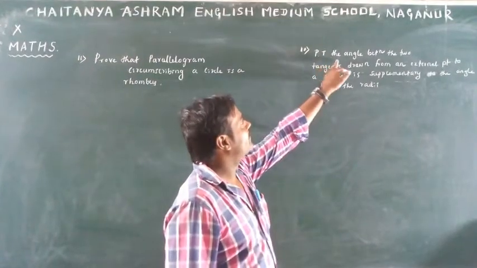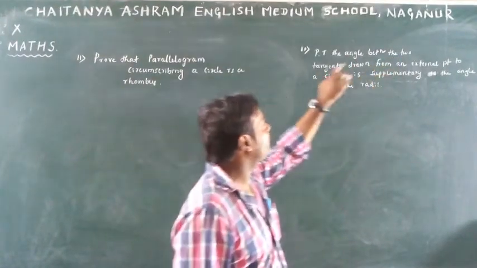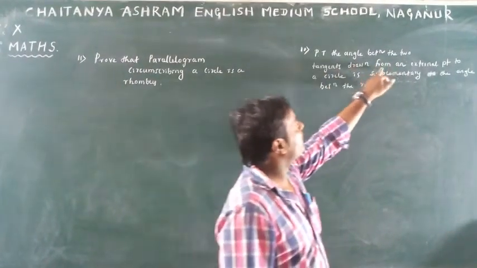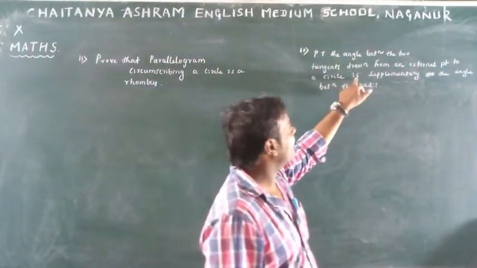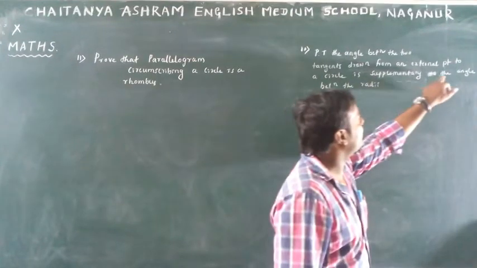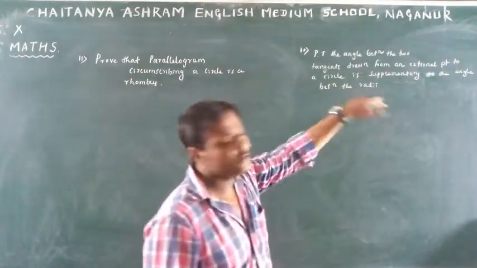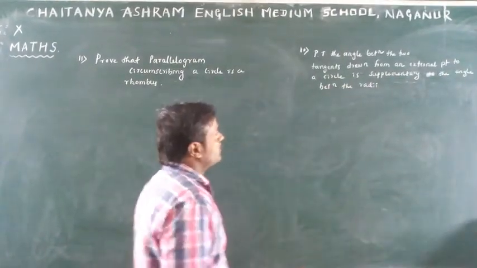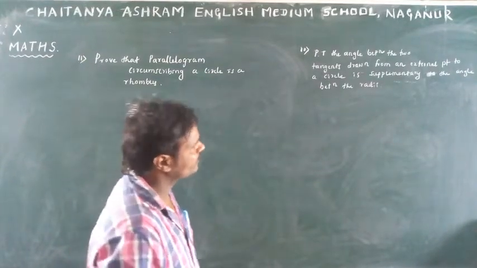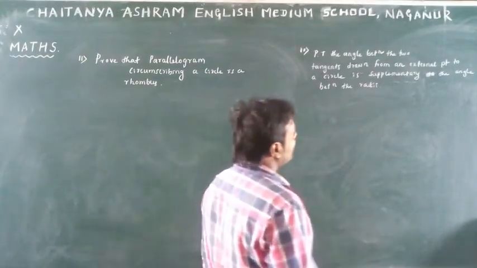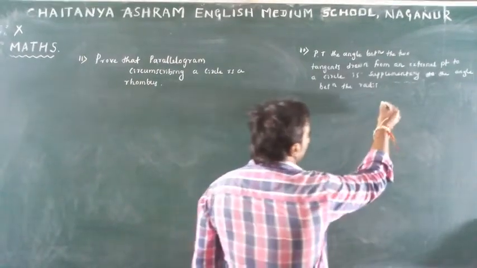Prove that the angle between the two tangents drawn from an external point to a circle is supplementary to the angle between the radii. So first, according to the question, we draw the diagram. That is what we are given.